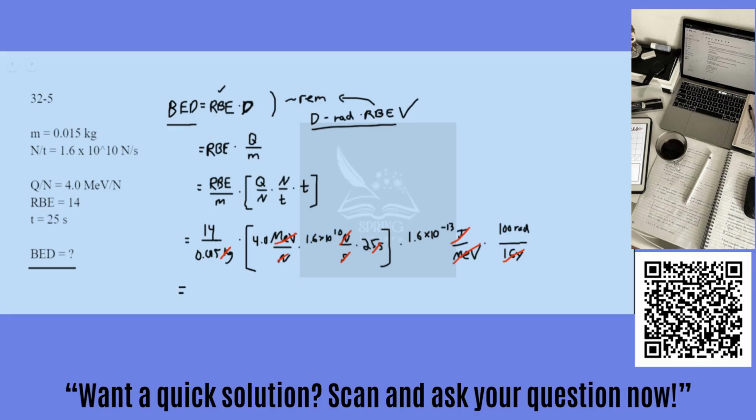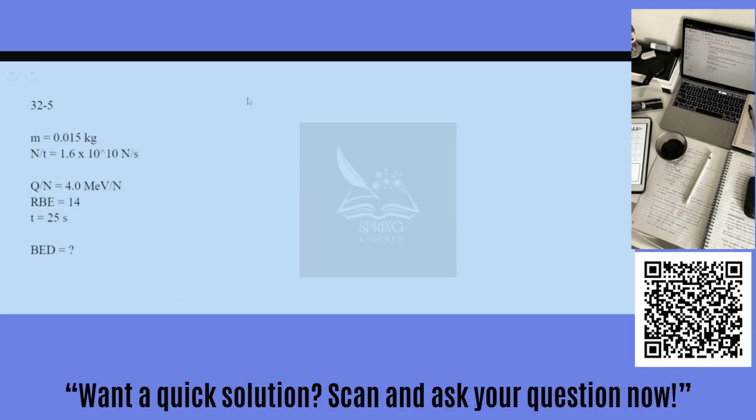We can find that the total biologically equivalent dose in rem, to two significant figures, is simply 2.4 times 10 to the 4 rem. And there you go. Question 5.